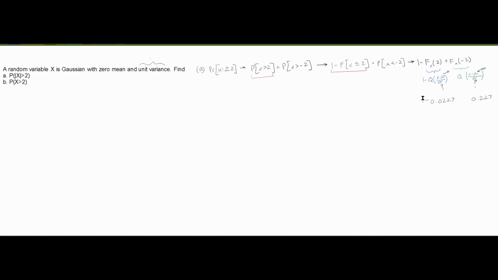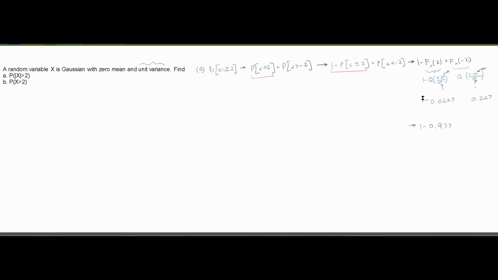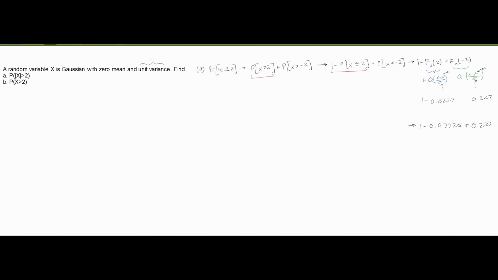So after all is said and done, 1 minus this part is going to give us 0.97725. The 1 comes from this earlier one, and then we have our plus 0.0227. With all of this together, we are going to get approximately 0.0456. And that's going to be the answer for part A.